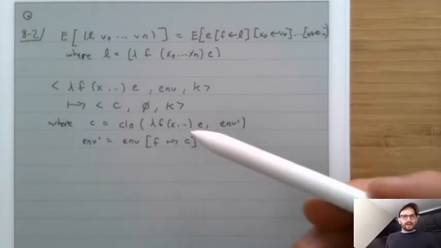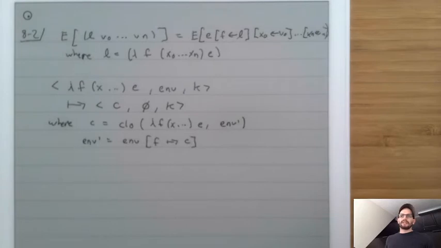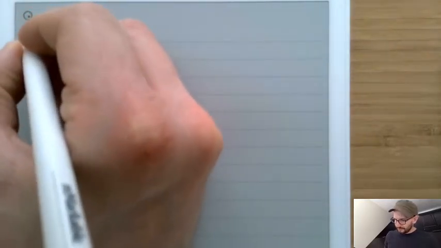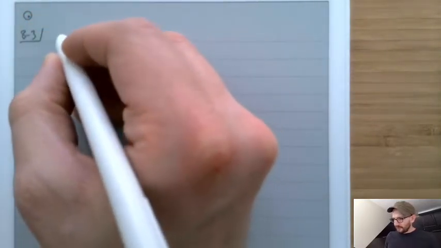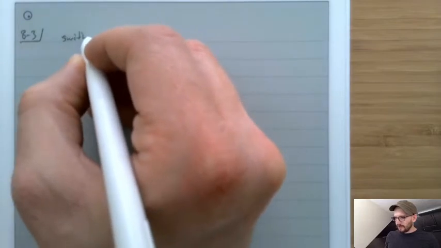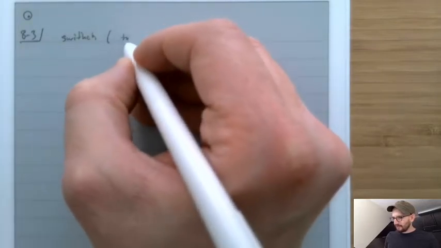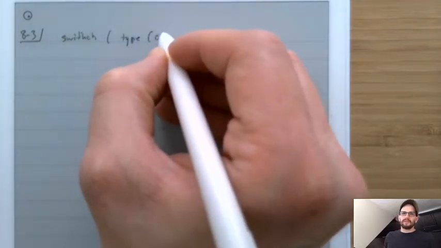Okay, now how could we realize this rule right here in, like, your C implementation, for instance? Well, what we would do is we'd have something like this. So in your C code, you're going to be switching on the type of the C value.